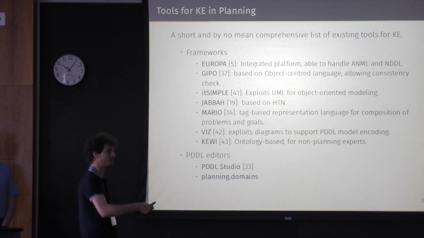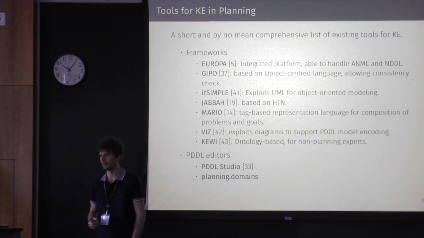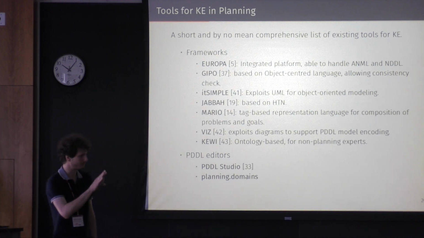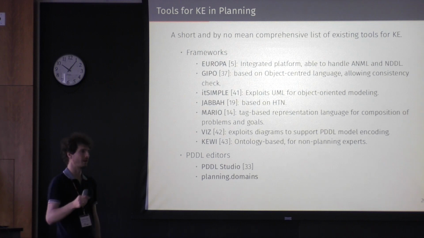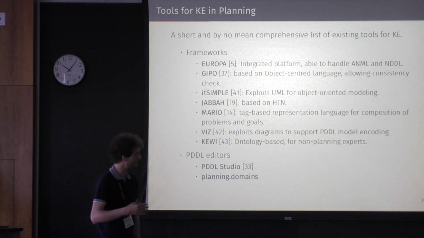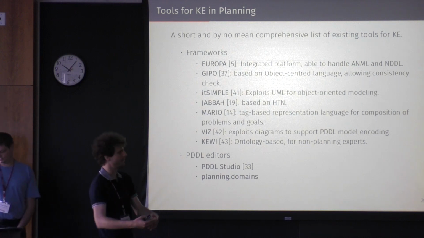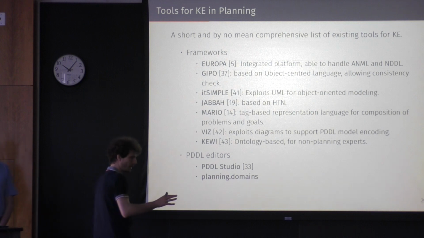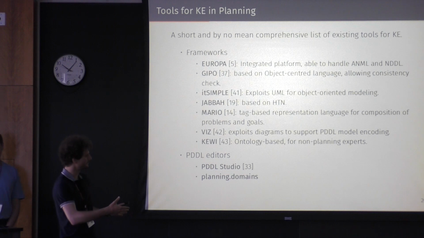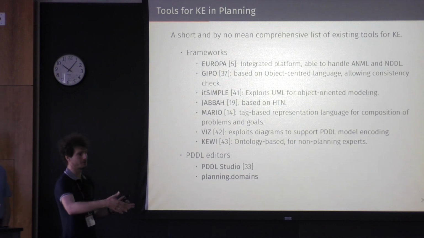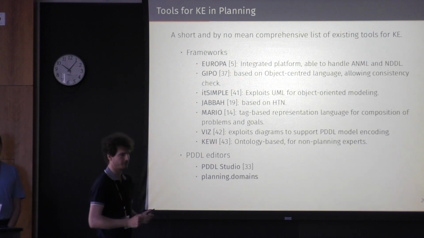You design the objects which need to be represented in your model, you specify their characteristics, you then specify the way in which they can interact or be modified, and on the basis of that, part of a PDDL model is generated for you, and part can be modified by yourself. But the important bit is that you also have all the documentation, and all the reasons which led you to that specific PDDL model.